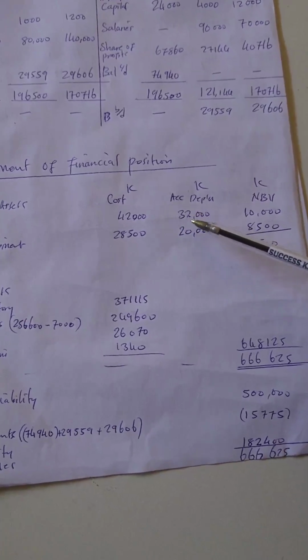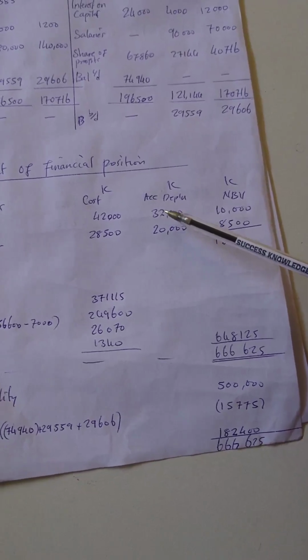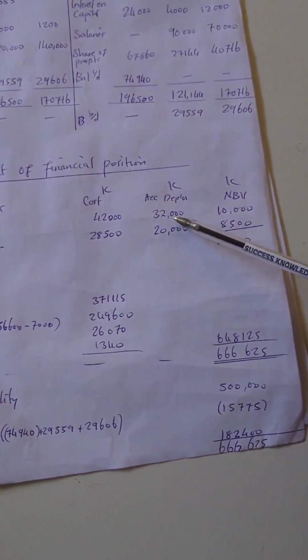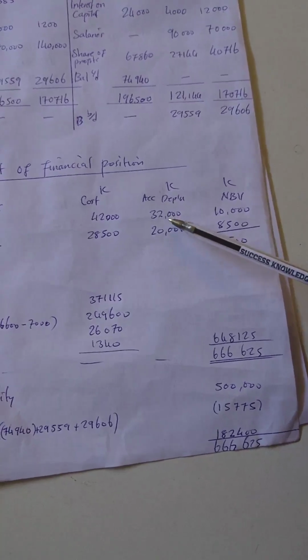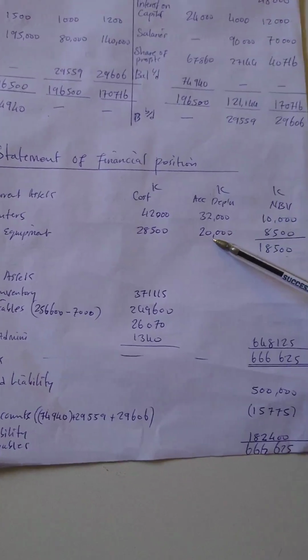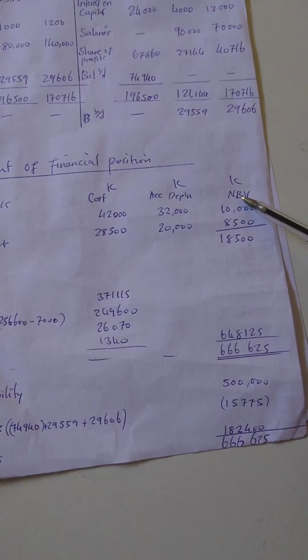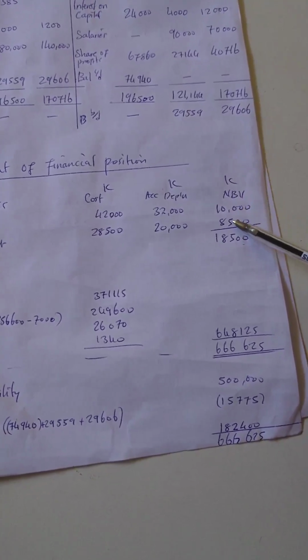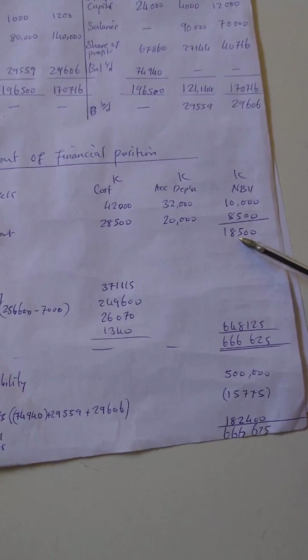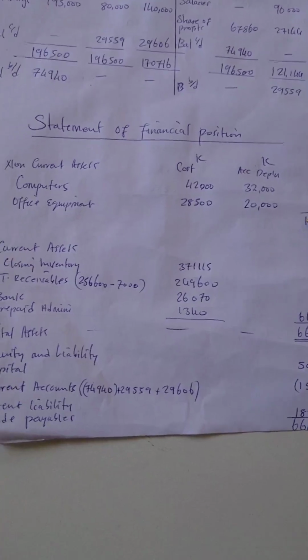If you had the current depreciation in the additional information, you will discover that accumulated depreciation is coming to 2,000 for computers and 20,000 for office equipment. And then the net book value, same as the carrying amount, is this, and these are the total non-current assets figure as the net book value that we have.